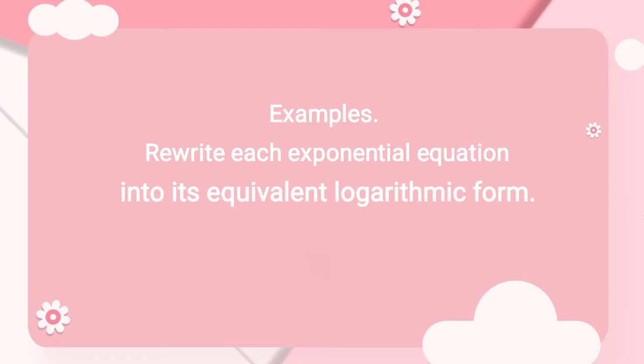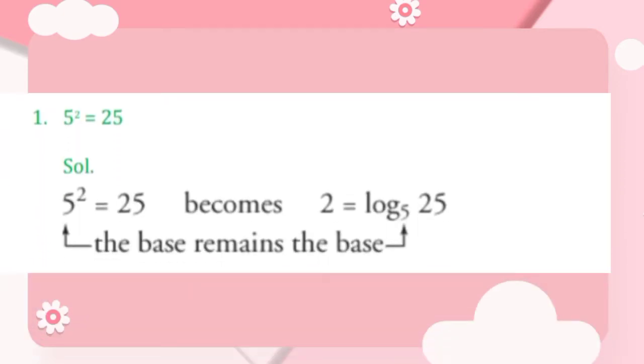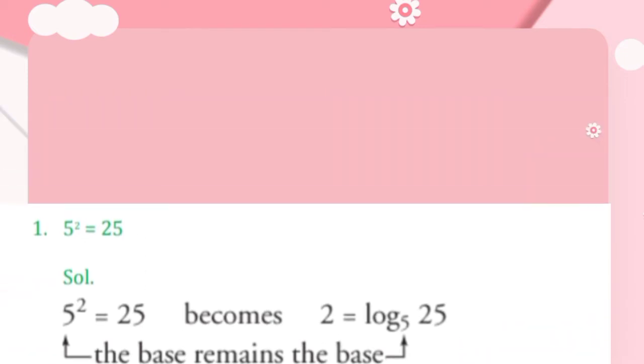Examples. Rewrite each exponential equation into its equivalent logarithmic form. Number 1. 5 squared equals 25. Solution. 5 squared equals 25 becomes 2 equals the logarithm of 25 to the base 5. The base remains the same, which is 5.